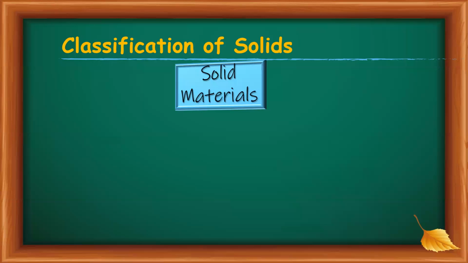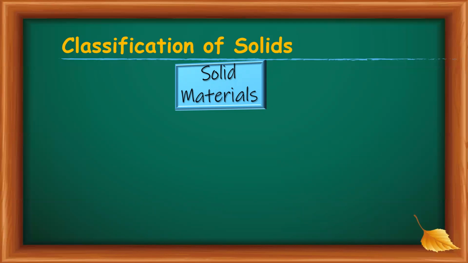So mainly the solid is classified into crystalline and amorphous. But the crystalline is also classified into single crystal and polycrystalline.